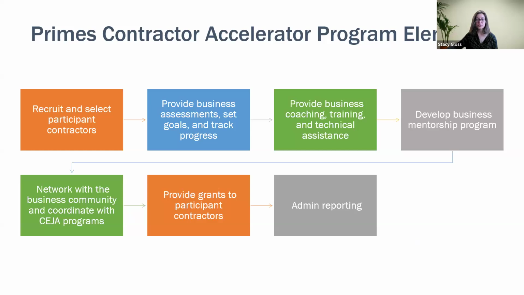The elements include outreach and recruitment, application assistance and business participation selection, assessments and goal setting, business coaching, expert coach referrals, tracking participant progress, training and technical assistance, recruiting mentors and paying them stipends, networking events, grant disbursement to the participant businesses, and reporting. We will delve into each of these in the following slides.